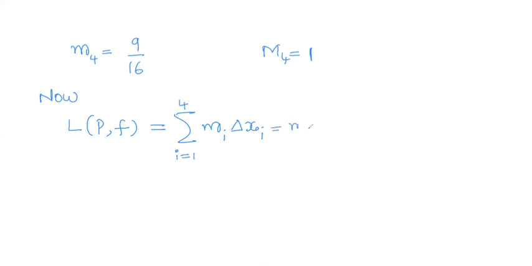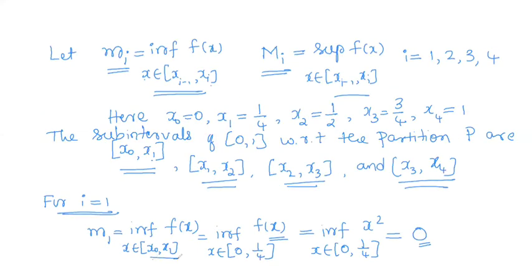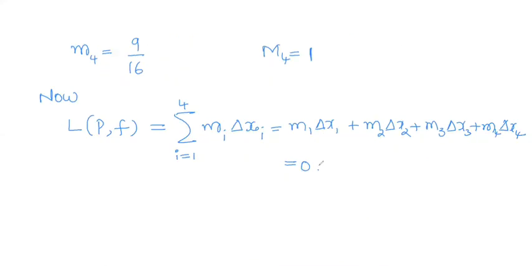It is m1 into delta x1, plus m2 into delta x2, plus m3 into delta x3, plus m4 into delta x4. What is m1? It is the infimum of f of x in this interval. It is 0. Into what is delta x1?